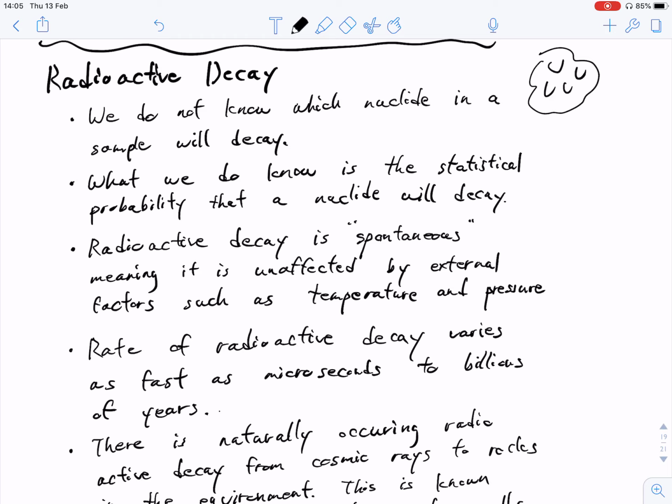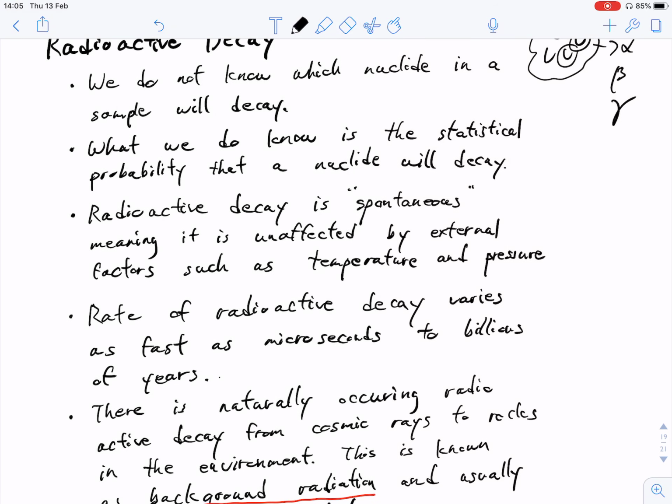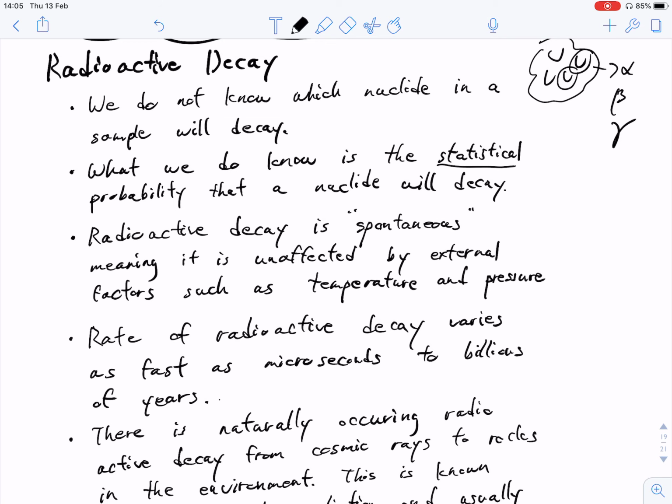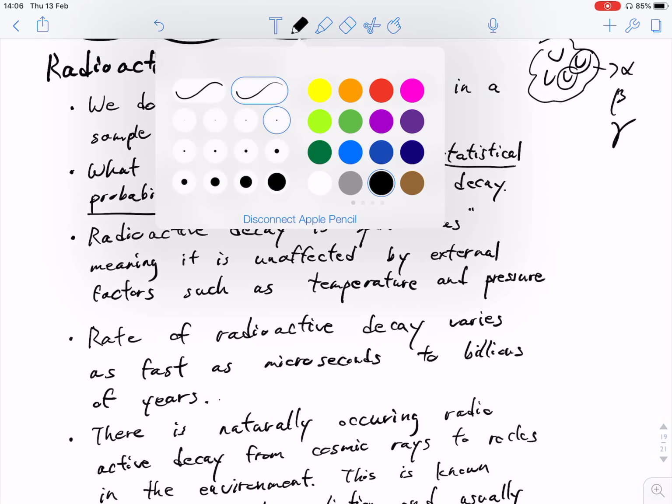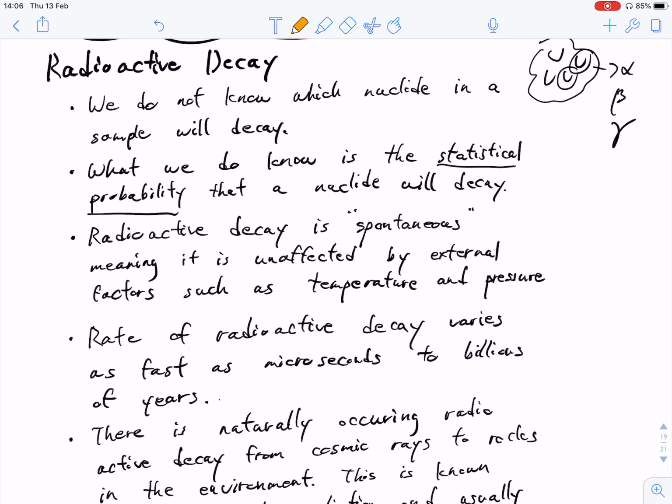There's a large number of them, but we don't know exactly which one is going to decay in one of the three ways that we've learned. What we do know, though, is the statistical probability that a nuclide will decay. So we can find out the probability with which one of these will decay.